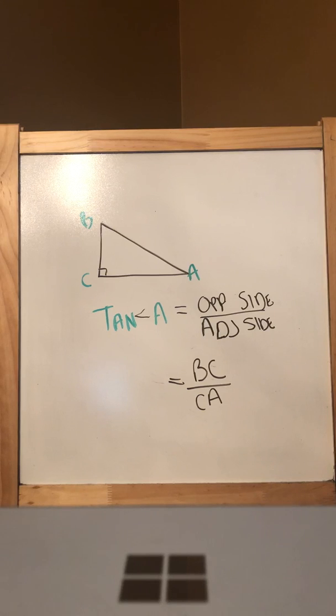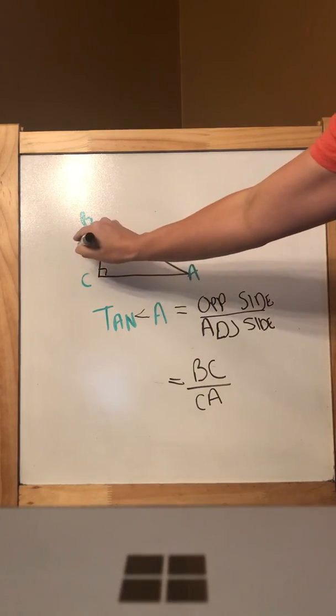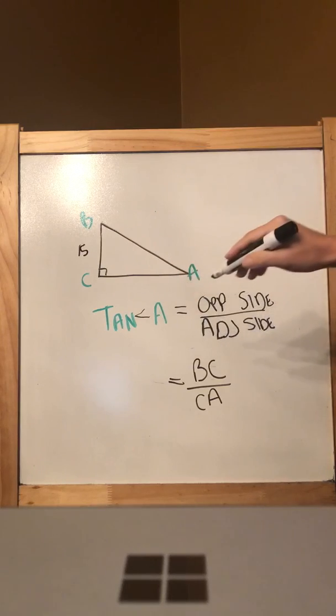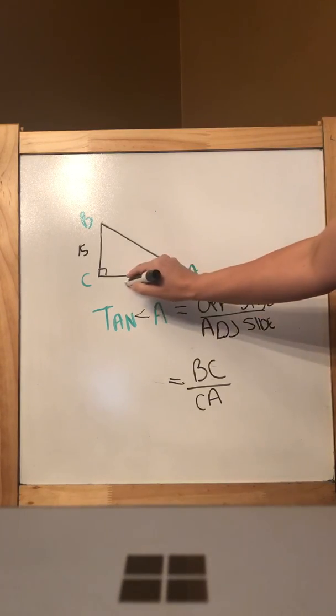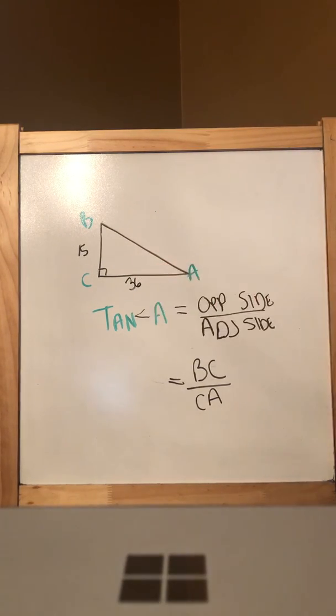So now let's see if we can just put some random numbers in here. Okay, so for example, how about I have 15 for this side and 36 for this side, okay?